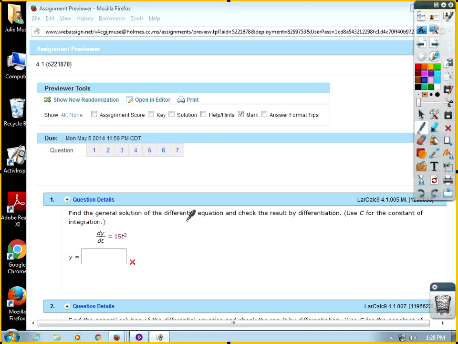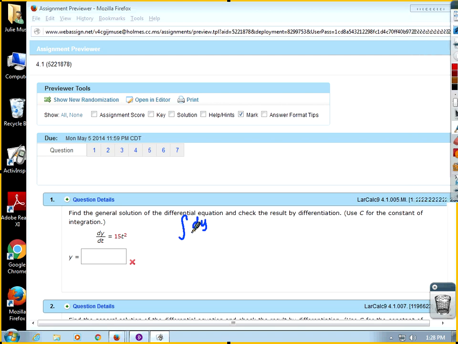Okay, so when we integrate dy over dt, we're just integrating both sides. All right, so the integral of dy is just going to be y.